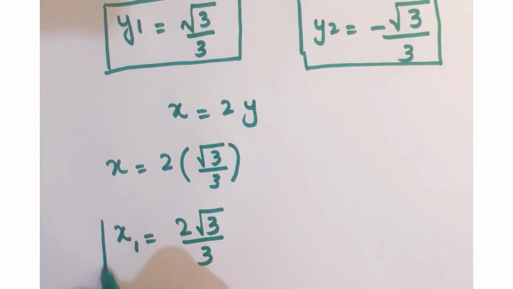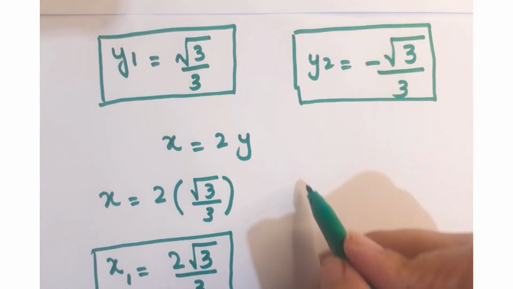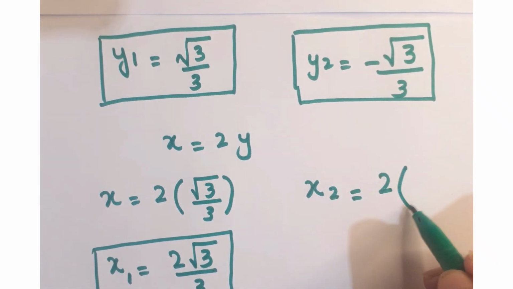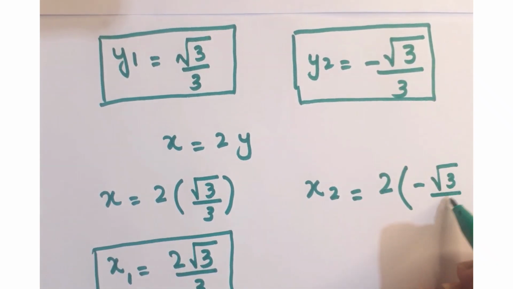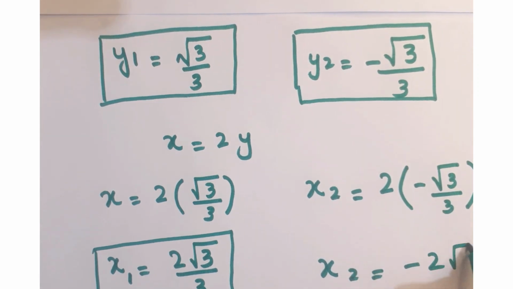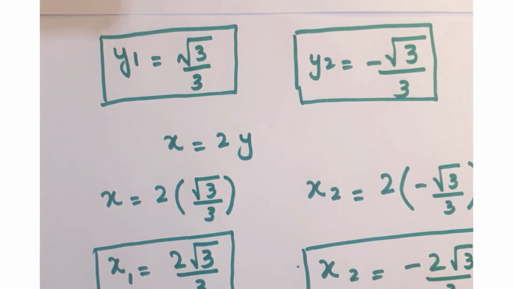You can say this is x1. Similarly for y2, x2 is equal to 2 times minus under root 3 upon 3, or you can say x2 is equal to minus 2 under root 3 upon 3.